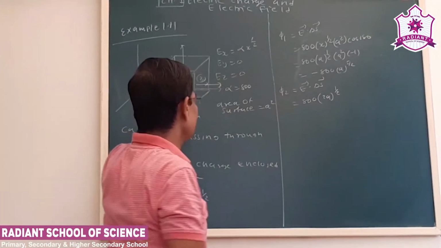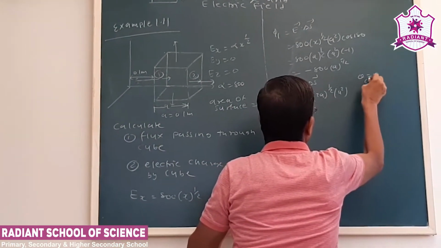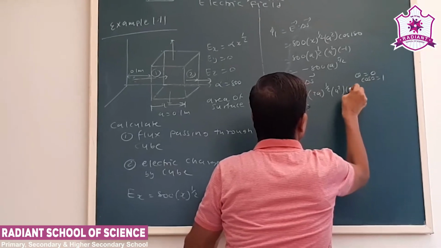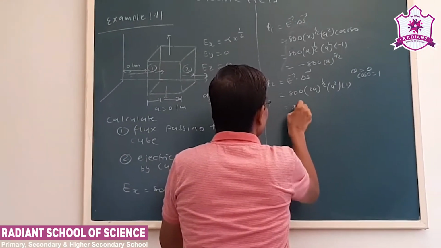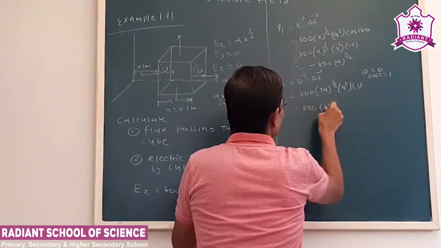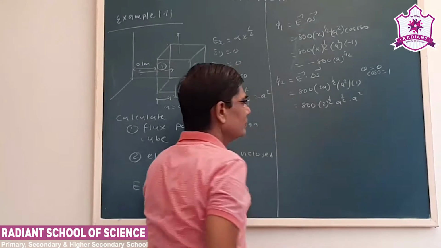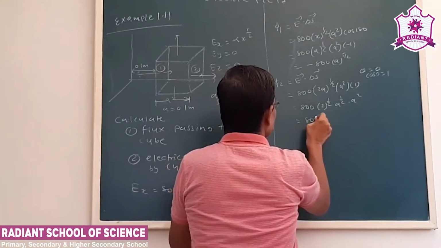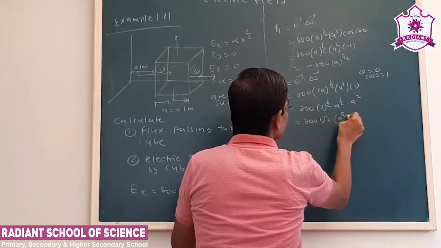Again the area of the surface is a square. Theta is 0. Cos 0 is 1. Okay. So how can we write this? This is 800 2 raised to 1 by 2, a raised to 1 by 2 and a square. Okay. That is 800 root 2 a raised to 5 by 2.